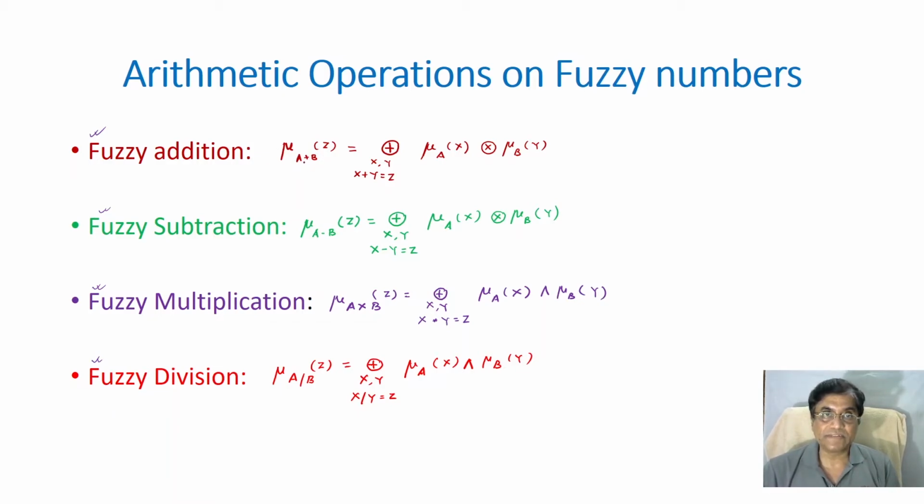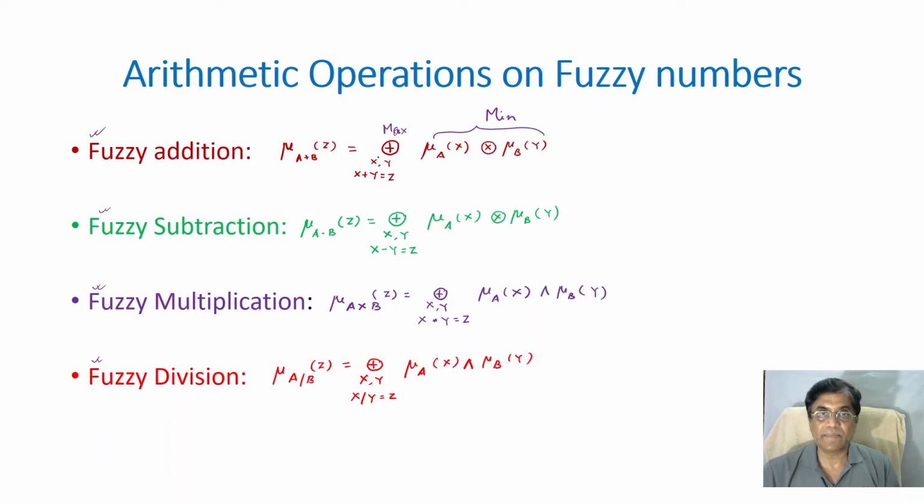Say I have two fuzzy sets A and B and I'm trying to add them. These fuzzy sets could be fuzzy numbers. How to do that? First, I'll have to calculate the minimum of the membership values for each element in the two sets, and then I will see if there is any repetition.